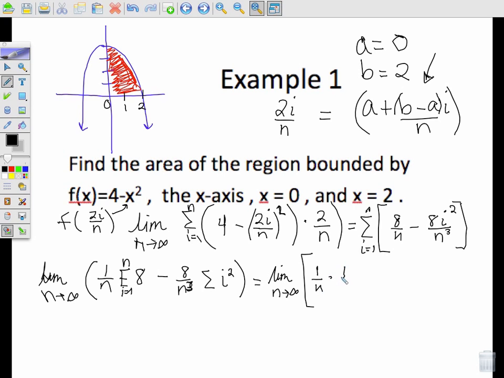So I've got 1 over n multiplied by 8n, minus 8 over n to the third times my i squared formula, which is all FOILed out: 2n to the third plus 3n squared plus n, all over 6.